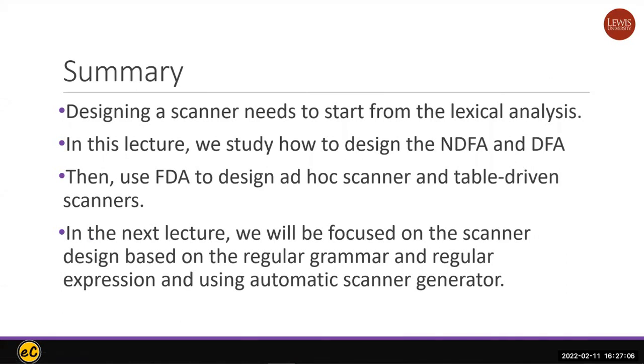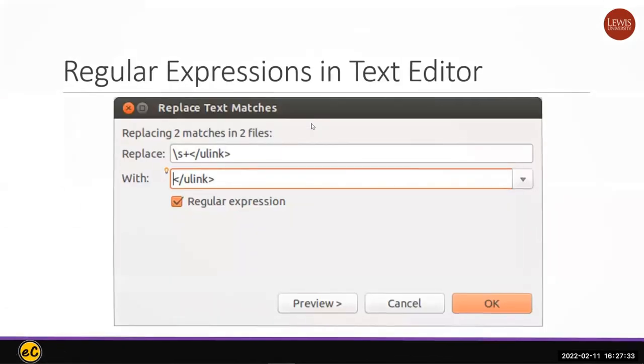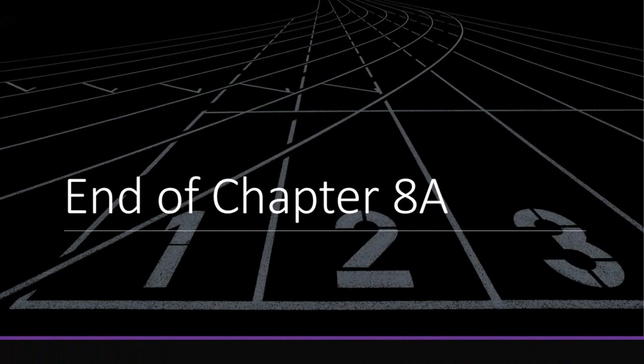So we come from the grammar, okay, and we design an ad hoc scanner for it, and we convert the grammar into non-deterministic finite automata, then convert it to deterministic finite automata, and then we can use it to design the ad hoc scanner, also the table-driven scanner. And at the end, we talk about the regular expression and how to use it, okay, and also syntax diagrams.